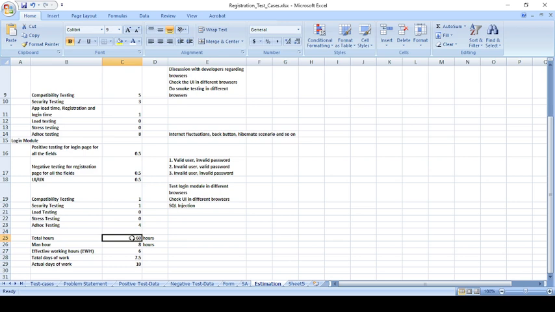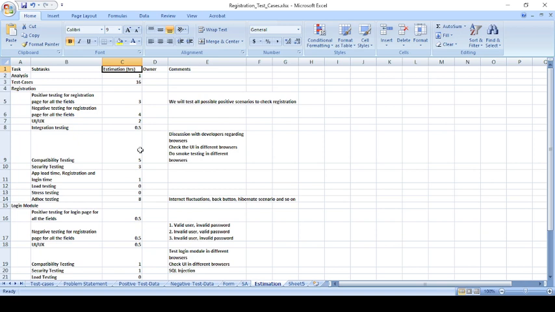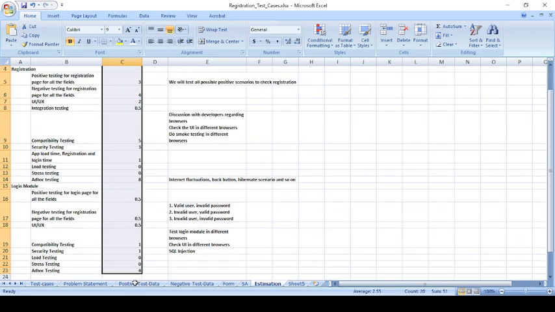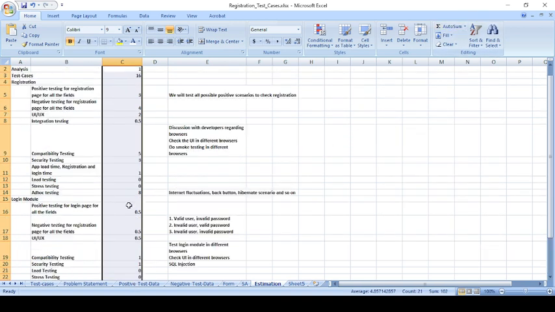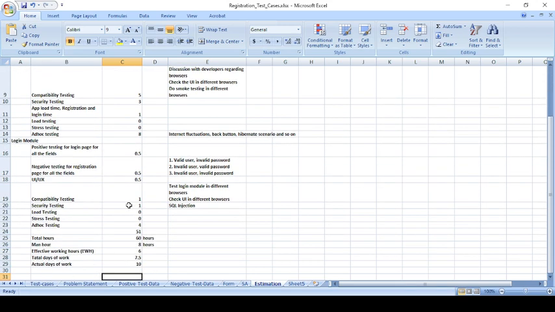Let us check what our actual time to test this system is. Here I'll do a summation, and it is 50 hours. If we add 20% to 50, it comes to 10 hours. So 50 plus 10 is 60. So I have already considered 20% as buffer time.